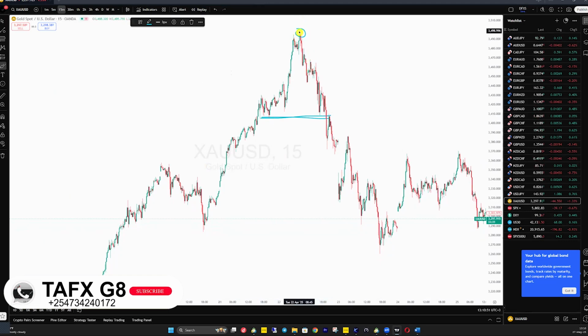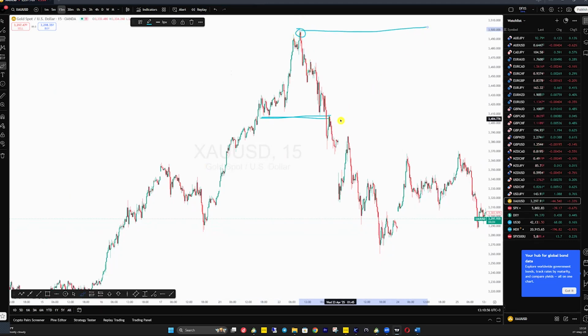So we will be waiting for the market to take this area in order for us to have our next higher low. All right. So if this was my last higher low, because it's an uptrade, then I will wait for the market to break my last higher low.